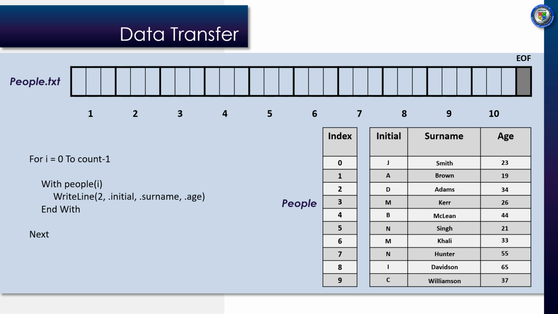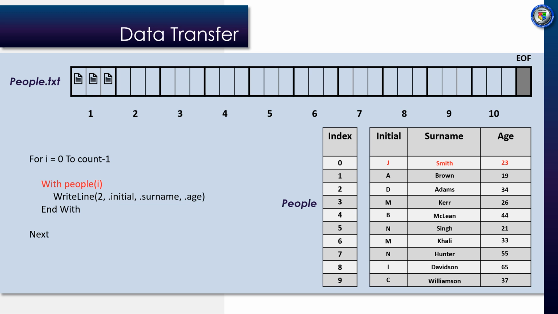We will then use the write line to output our data to file. So we start our loop, we refer to our array of records and index. We are saying we're going to write to file number 2 the fields initial, surname and age, which we do sequentially. End the statement, and we then iterate around the loop with I incrementing.